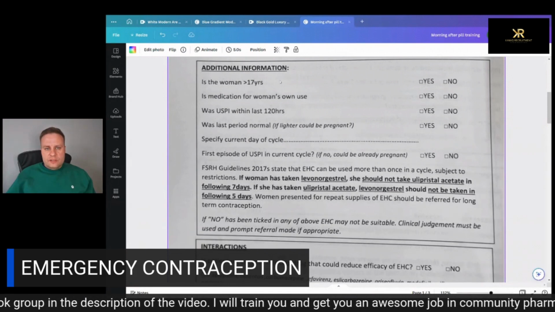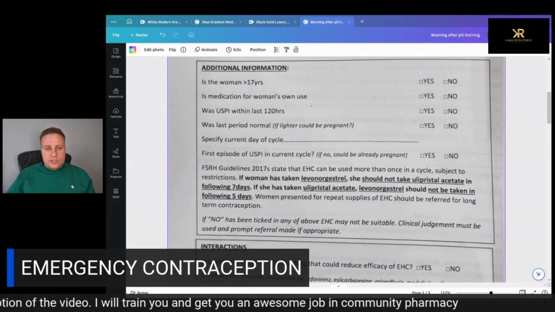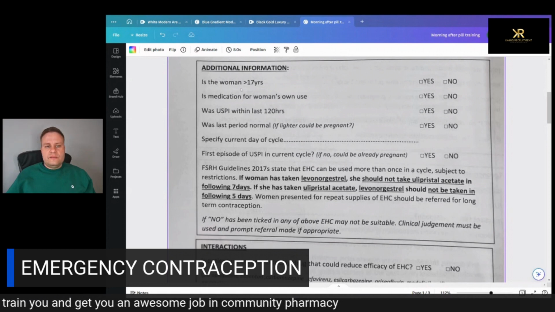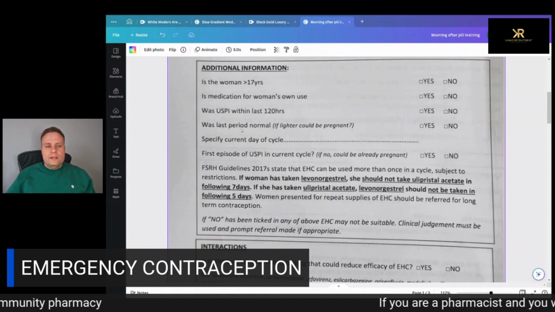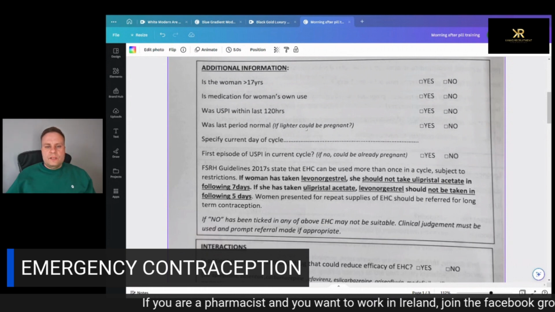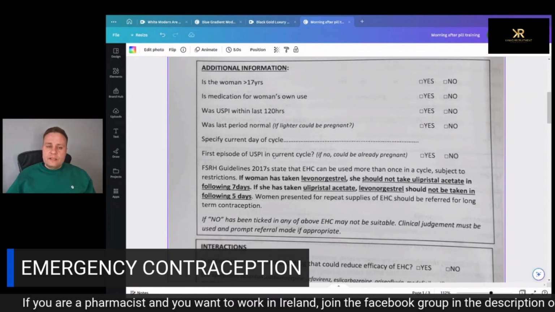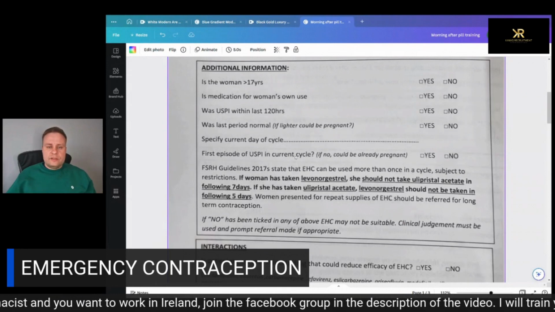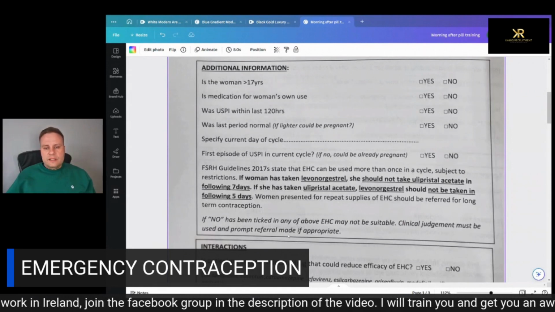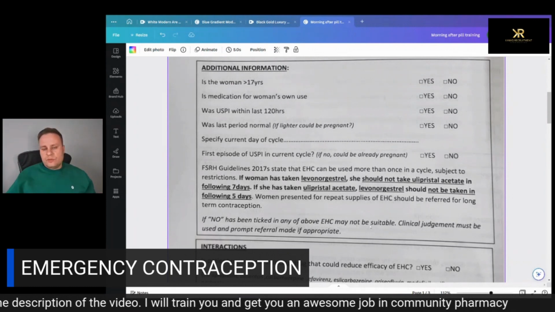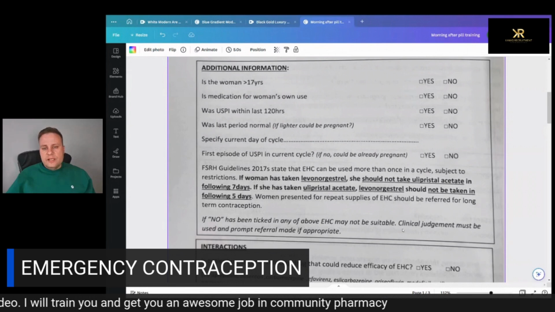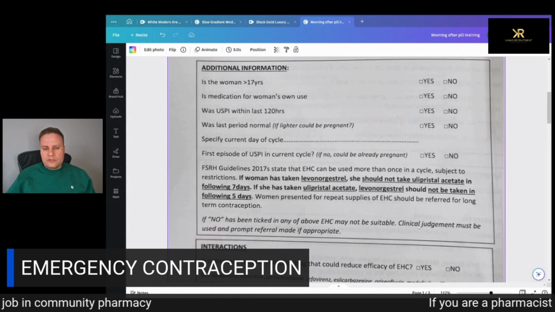So if she's younger than 17, if she's trying to buy it for someone else, if the unprotected sexual intercourse was more than 5 days ago, if her period was lighter than usual, if she had unprotected sexual intercourse prior to this one in this menstrual cycle, then you can choose to refer to the GP or wherever you want to refer her, and you can actually choose to not dispense the emergency hormonal contraception.